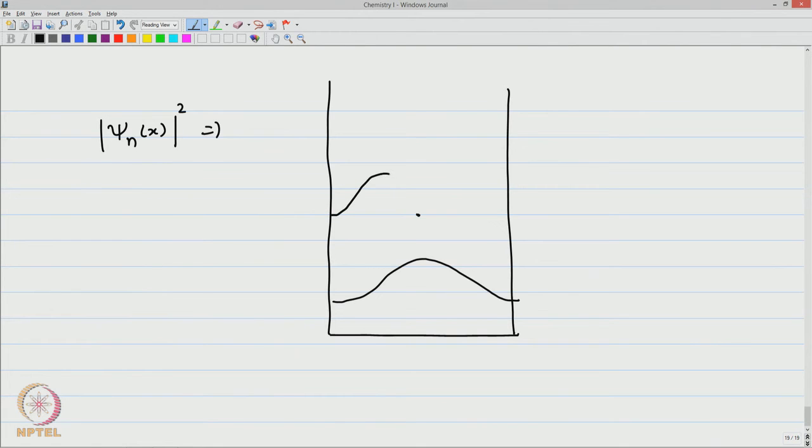So, the square of the function gave something like that, 2 nodes. So, there is one maximum here, another maximum here, and this is for n equal to 2, and for n equal to 3, of course, you will have 3 of these, and for n equal to 4 you will have 4 of these, and so on. The problem asks you to calculate this maxima in a formal way.